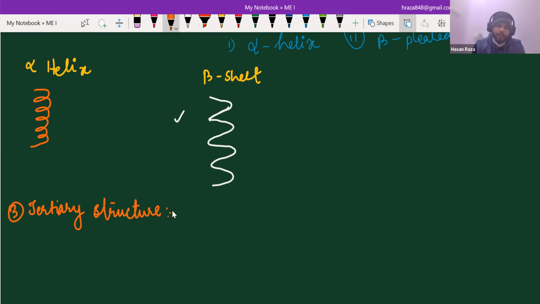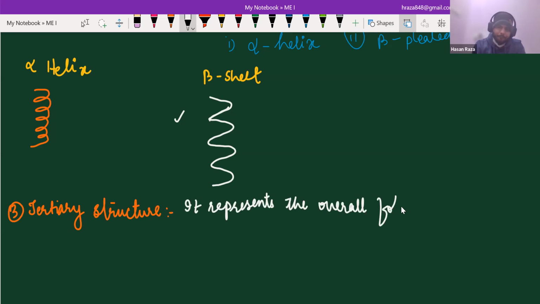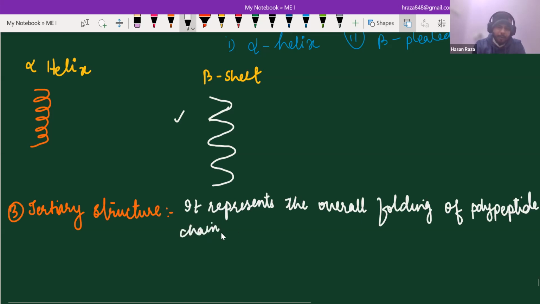And let me define it for you. It represents the overall folding of polypeptide chain.